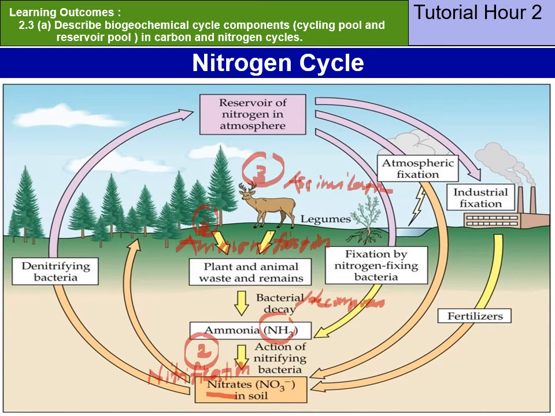The next, the fifth and last stage, is the process of denitrification. Denitrification is the process in which nitrate NO3 minus is converted to nitrogen gas by denitrifying bacteria, which reverses the process of nitrogen fixation and nitrification.